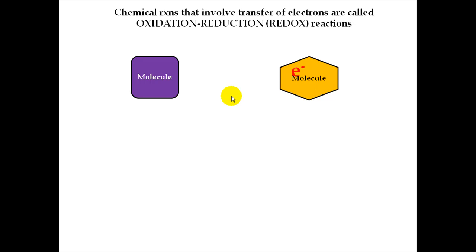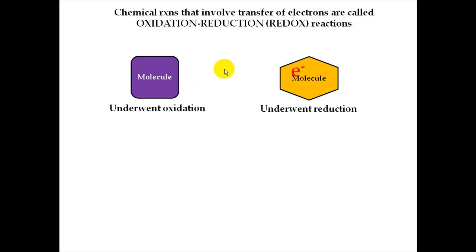There are terms used to describe the molecule that gives up the electron and the molecule that accepts the electron. The molecule that gives up the electron is said to have undergone oxidation, whereas the molecule that accepts the electron is said to have undergone reduction.